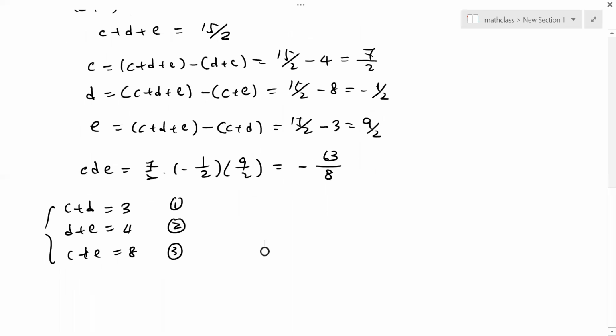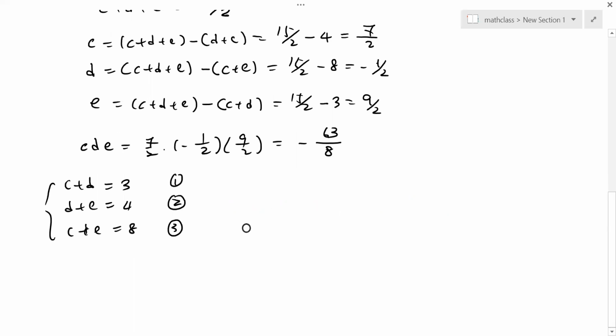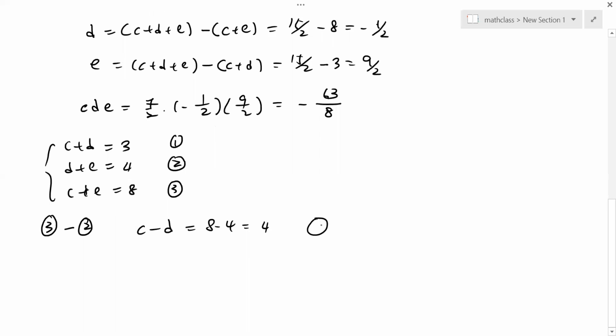So there are many ways to do this: use substitution, use subtraction, and I can show. So there are two different methods called substitution and subtraction. So subtraction, you can see that, right? Equation 3 minus equation 2. What do you get, right? Equation 3 minus 2: c minus d equals 8 minus 4. It's a 4.